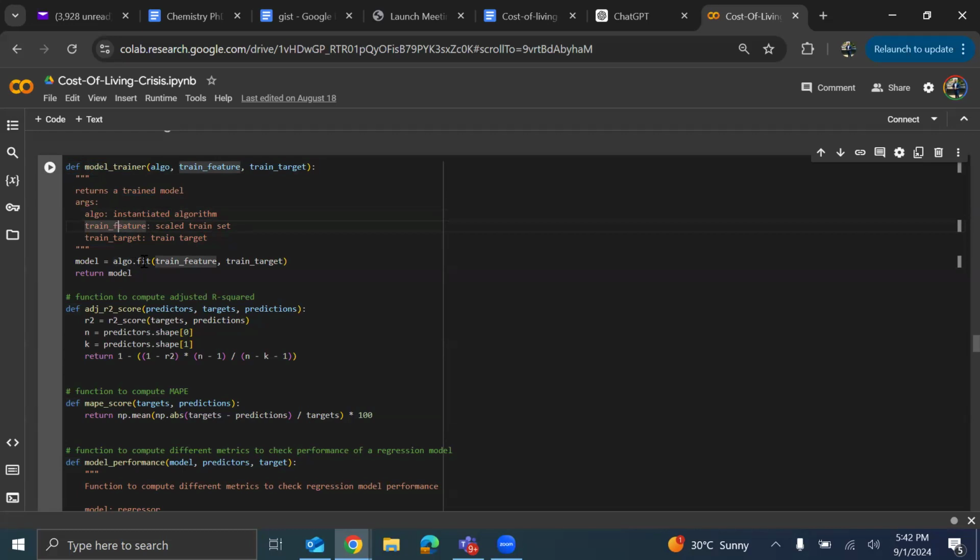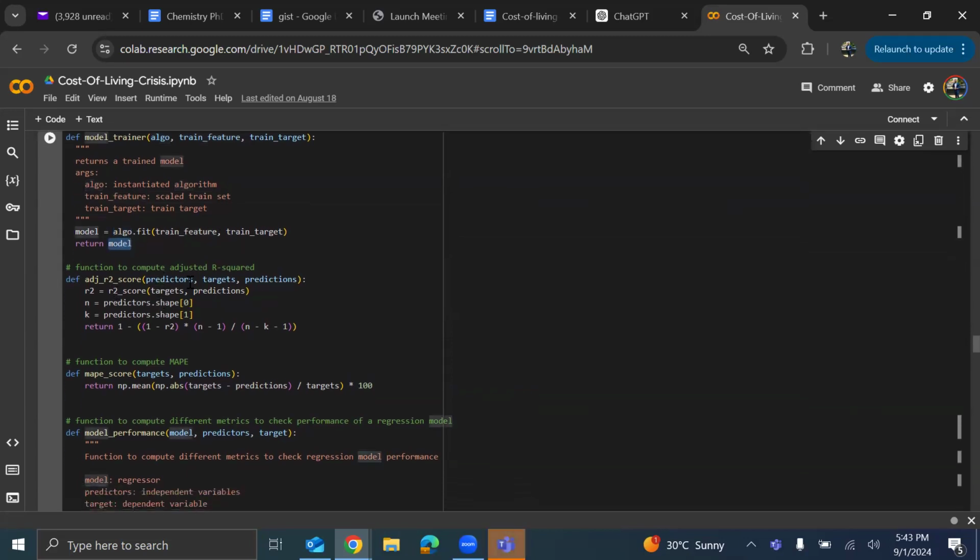It's fitting your algorithm on the train features and the train target, and then it's going to return the trained model.